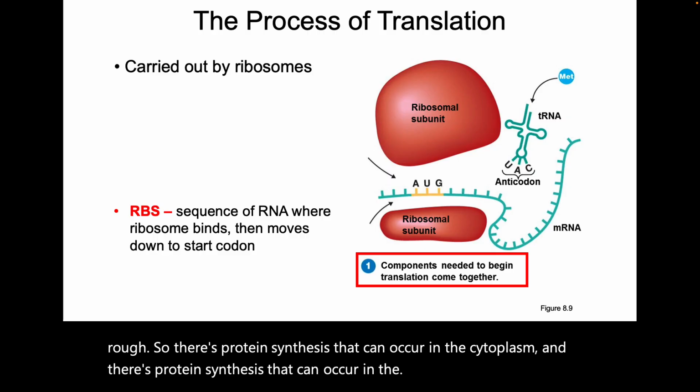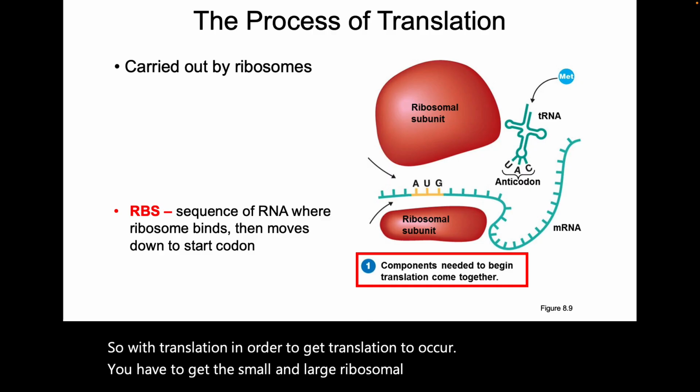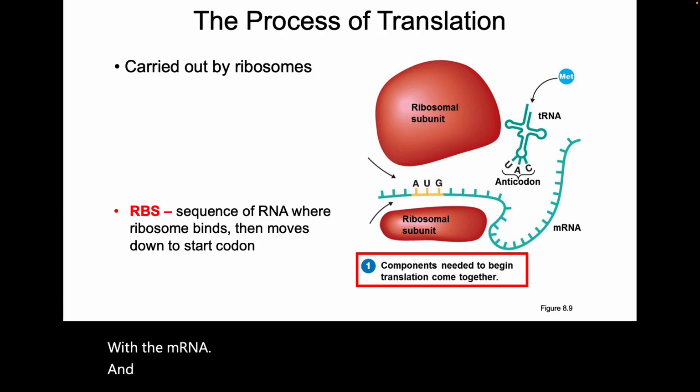So with translation, in order to get translation to occur, you have to get the small and large ribosomal subunits together with the mRNA and the first tRNA that brings in the first amino acid.